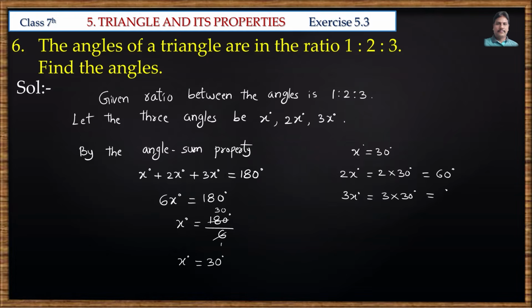So 3 3s is 90 degrees. Therefore the three angles are 30 degrees, 60 degrees, 90 degrees. This is our answer.